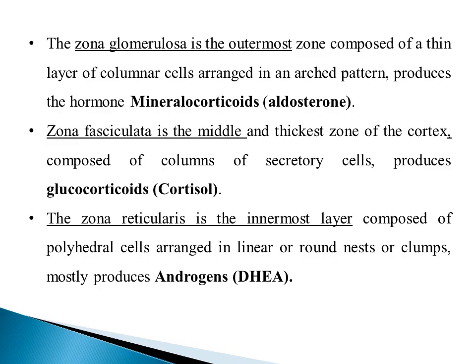And the innermost region is the zona reticularis, which is composed of polyhedral cells arranged in a linear or round nest or clump fashion, and they mostly produce androgens, which are a supplement for sex hormone production.